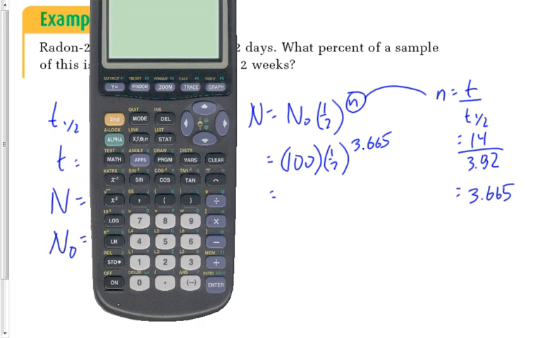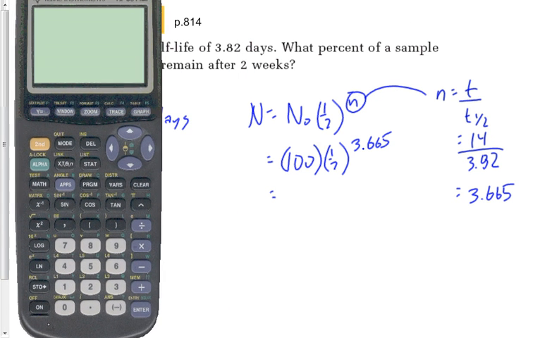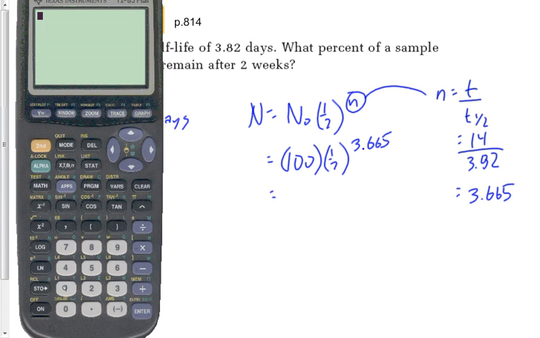You've done it in math class, but not in Physics 30. We're going to say it's 100 times 0.5, not times 10 to the 3.6, but just 0.5 to the 3.665. Everybody see what I'm doing there on the calculator? How I got that?